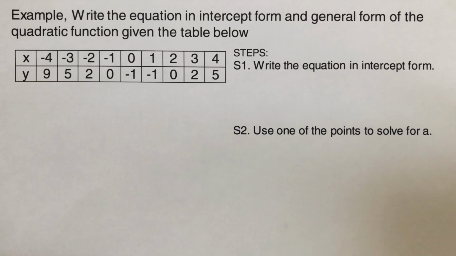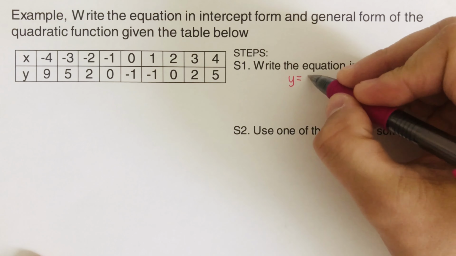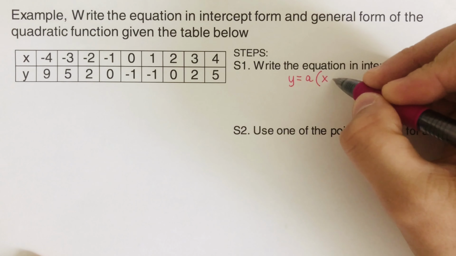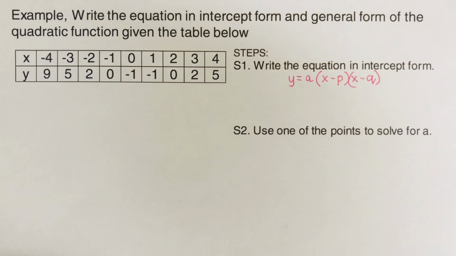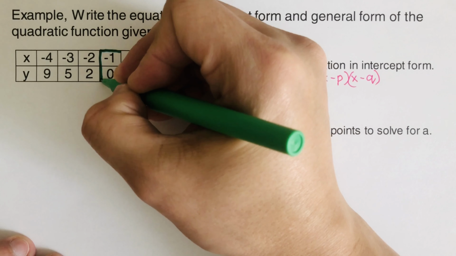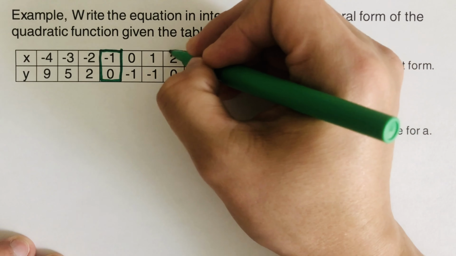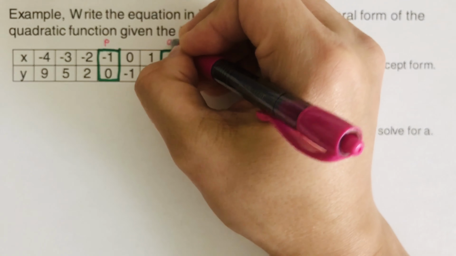Okay, so we go over this. It's pretty much the same thing. So y is equal to a parentheses x minus p, x minus q. And so we go here and look for where y is 0. So it's going to be this one and this one right here. So we can name this as our p, and this will be our q.